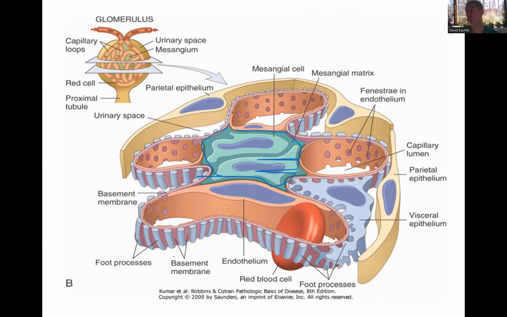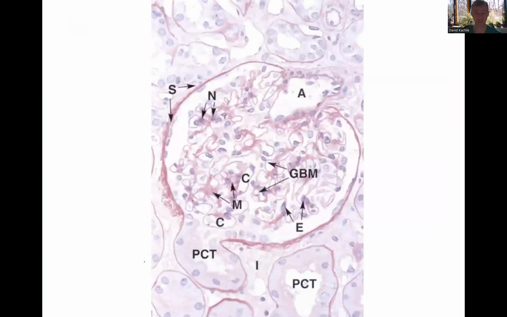Kidney often suffers from glomerulonephritis, from an inflammation, but this inflammation is usually autoimmune, and it can affect not only the capillaries, but it can also affect the mesangial cells. So we can have a mesangial glomerulonephritis, or glomerulopathy, and you have to then understand which cells are affected.